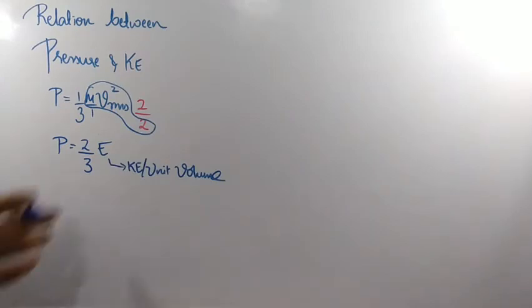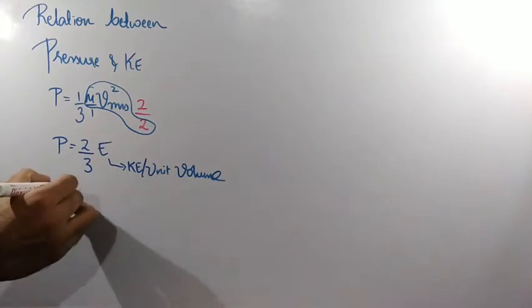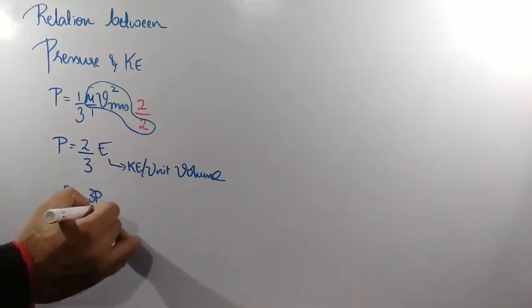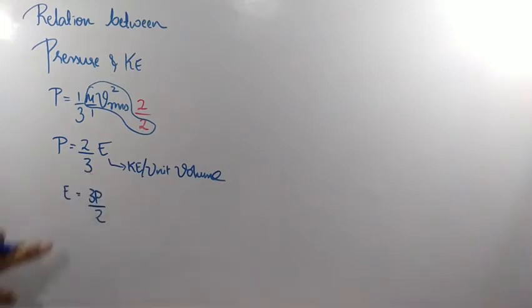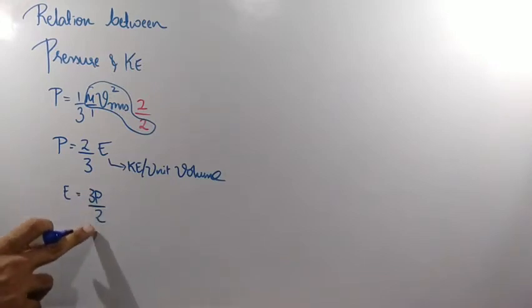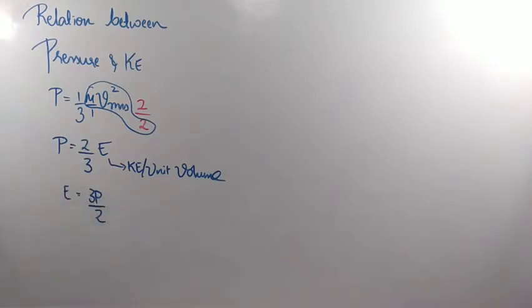Now E value, if I want to separate, E is equal to 3P by 2. So kinetic energy per unit volume is numerically equal to 3 by 2 times of pressure of the gas. Clear? Next.